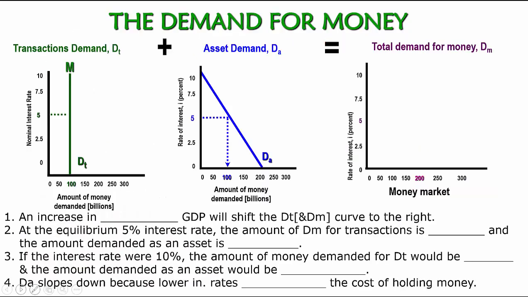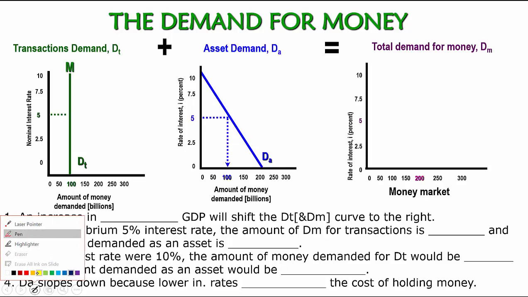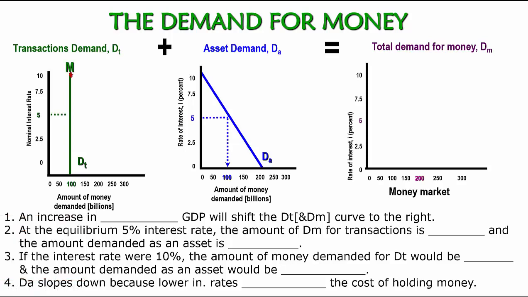First, I want to point out that at the 10% interest rate, I drew a little dot on our transaction demand curve. There is $100 demanded, 100 billion. At the 0% interest rate, there's also 100 billion demanded for transactions. That's because it doesn't matter what interest rates are, we still need a certain amount of money to buy the things we have to buy.